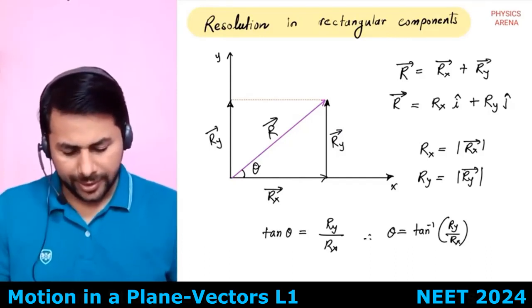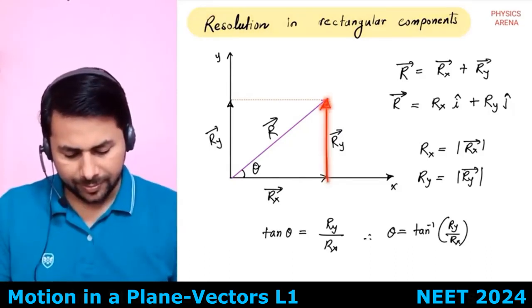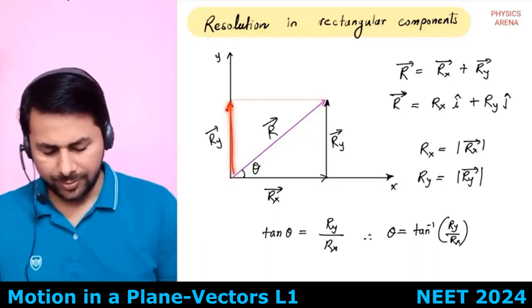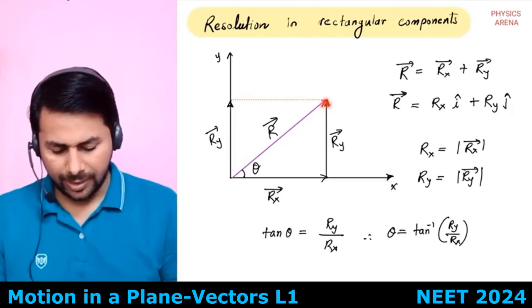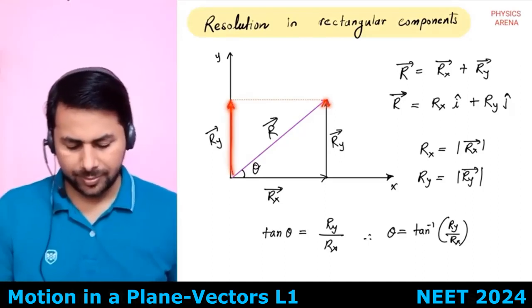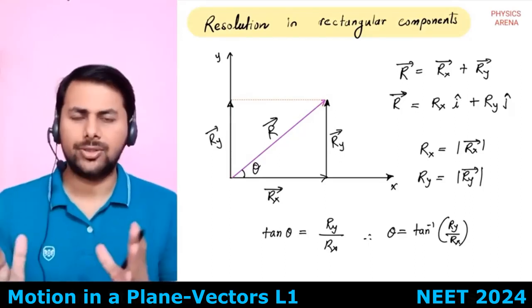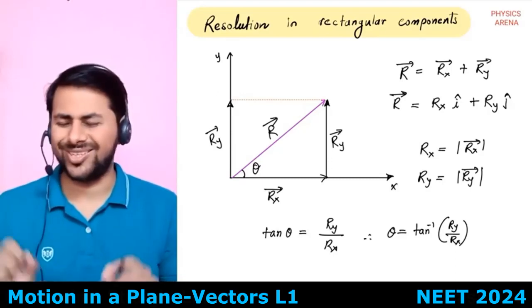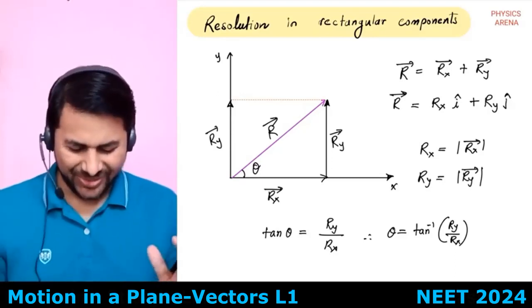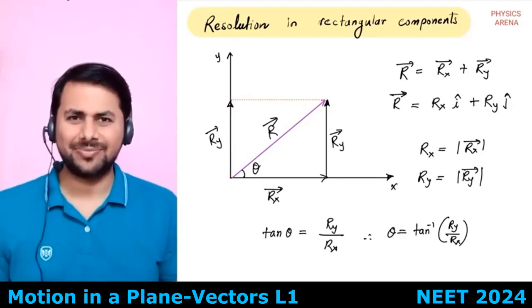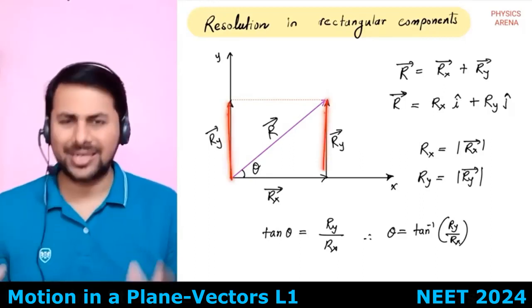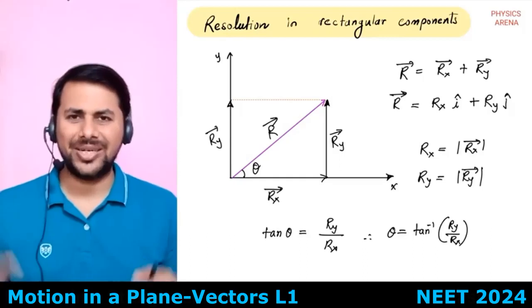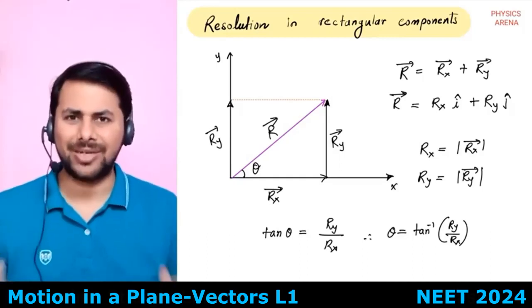Then this ry bar can be drawn here also, because this is the concept of equal vectors. Two vectors are equal if they have the same magnitude and same direction.